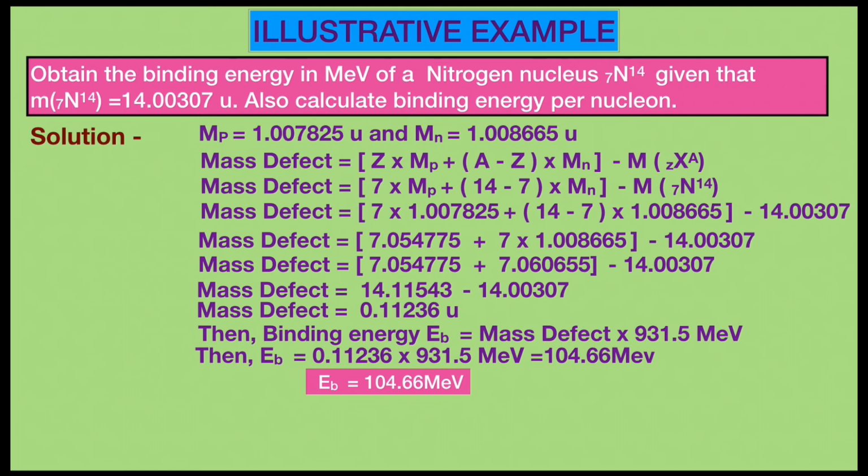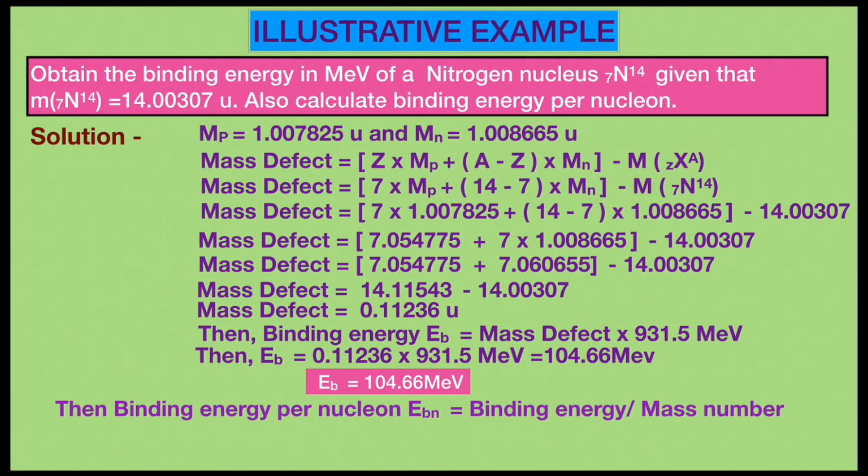Now we have to calculate binding energy per nucleon also, and the formula for binding energy per nucleon is binding energy upon mass number. So mass number is 14 and binding energy is 104.66. Then binding energy per nucleon is 104.66 upon 14, and the result is 7.47 mega electron volt.